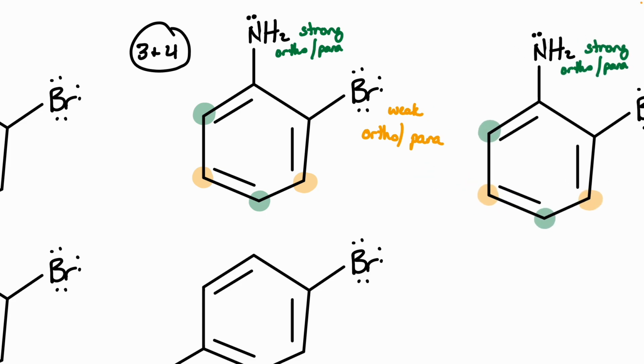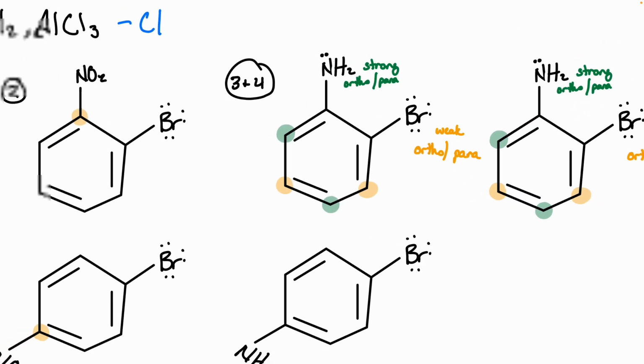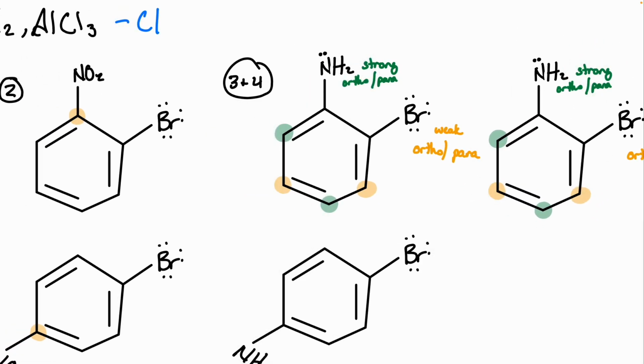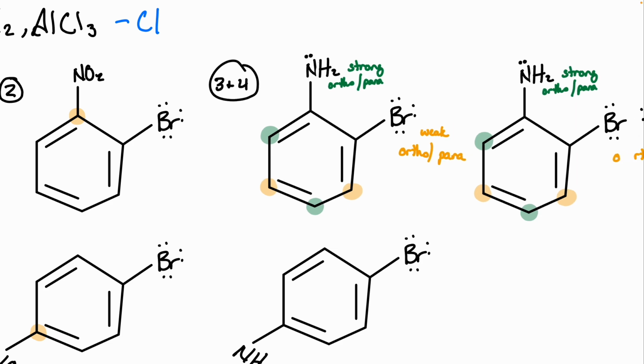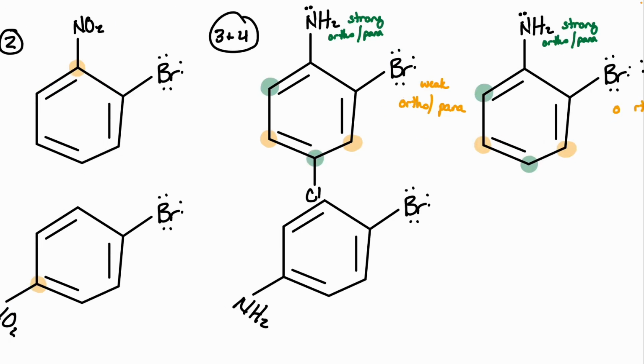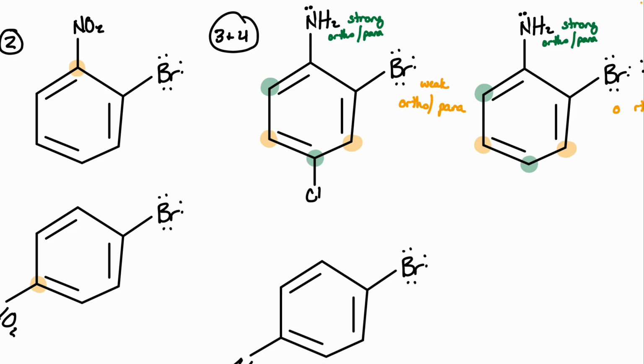So we're going to put one chlorine in that ortho position and another one in the para position, but specifically to that amine nitrogen.